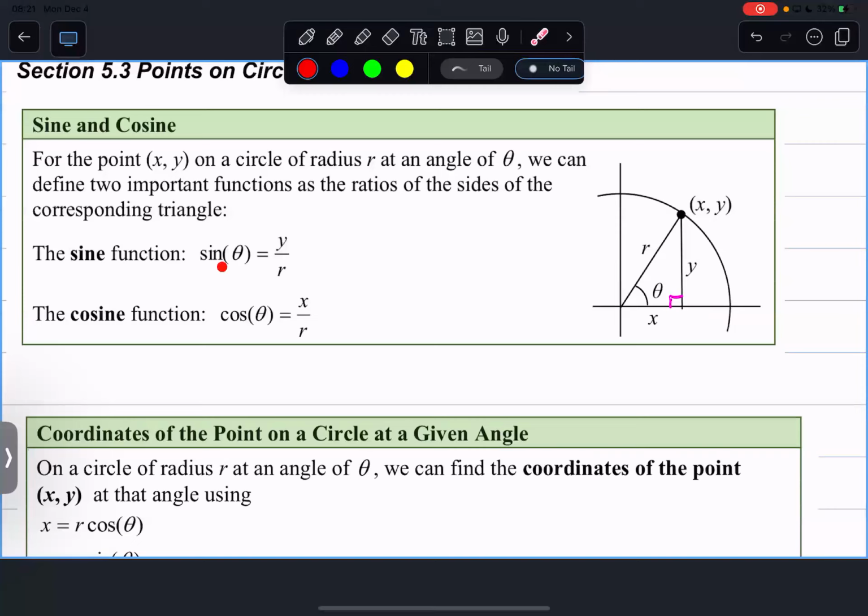Now, the sine of theta, and of course your calculator just calculates sine of whatever angle you give it. That's where it's important that you have it in degree mode. And y is the opposite of theta. So here, this is opposite of theta.